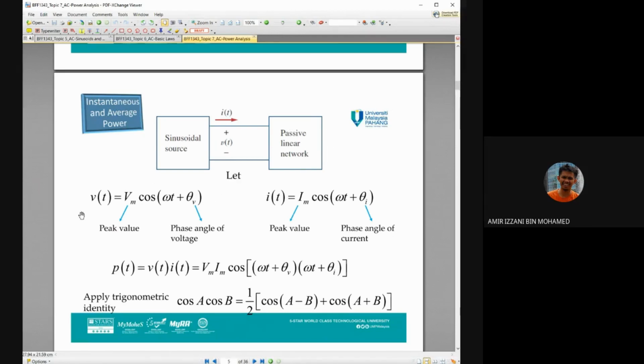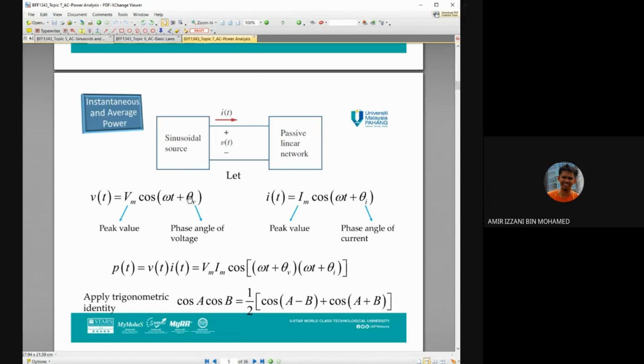So v(t) is written as Vm, the maximum value, cos(omega t plus theta v), the phase angle of voltage. And then the current i(t) is written as Im, the peak value, where m is the maximum value, cos(omega t plus theta i), which is the phase angle of the current.